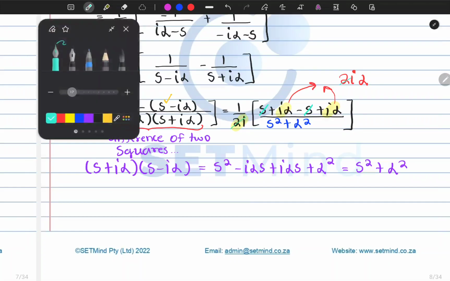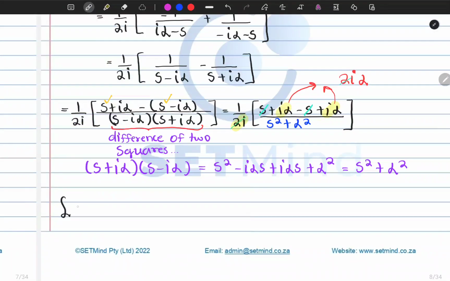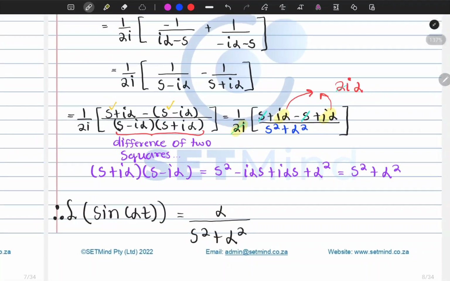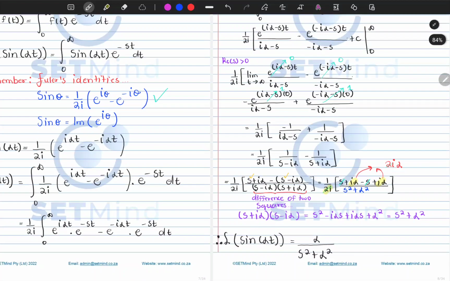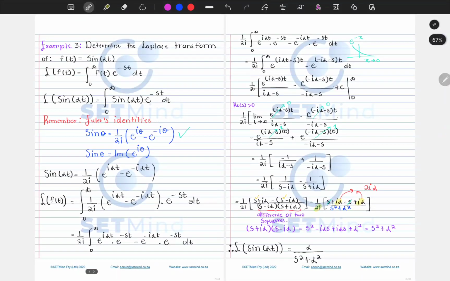You see? So all we are left with is that the Laplace transform of sine of alpha t will always be given by alpha divided by s squared plus alpha squared. So make sure that you are able to do this derivation. And this is example number 3.